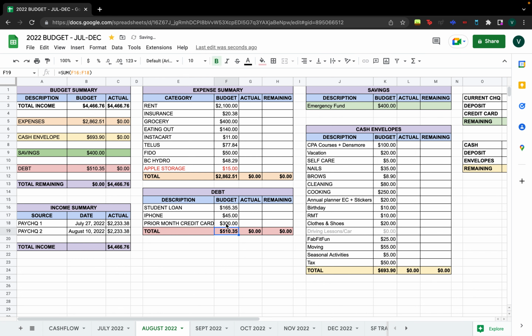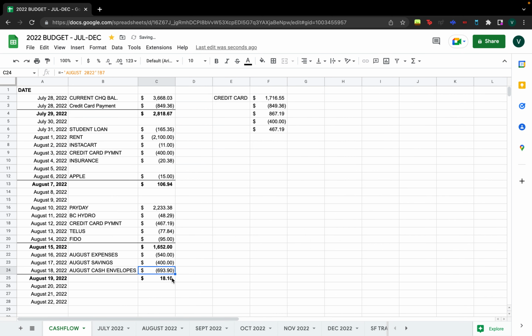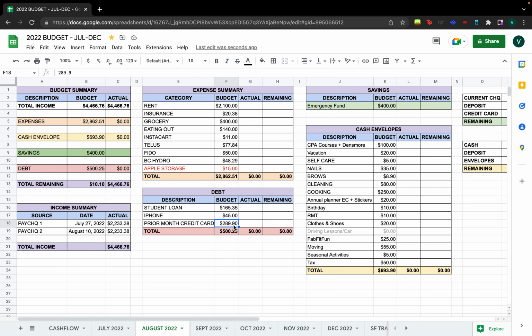It goes in there, or actually it was 289.90. Was it? What was it? 18.10 left, right? So let me just do 18.10, and there we go, 281.90.